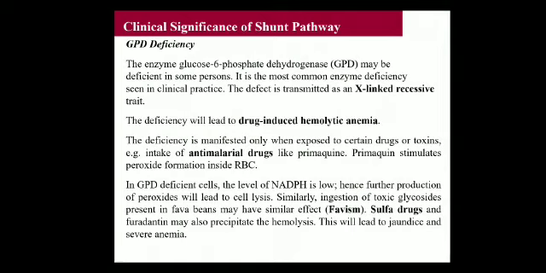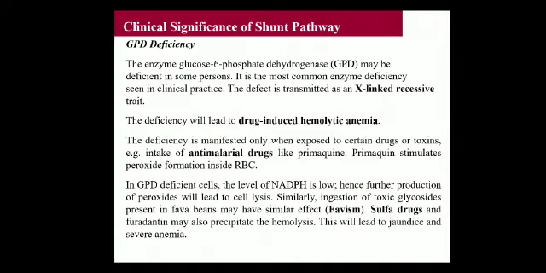When anti-malarial drugs like primaquine and some other toxins are taken, this will lead to peroxide formation inside RBCs. If G6PD is deficient, the level of NADPH is also low. So whatever peroxide is generated can't be destroyed, so it will lead to cell lysis.